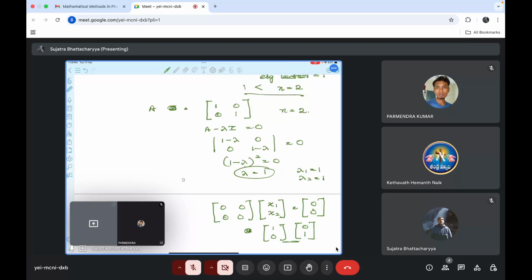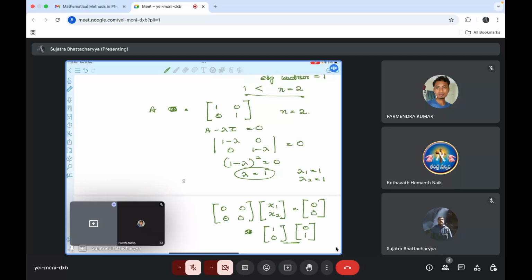Therefore, remember, whether a matrix is defective has to be decided from the eigenvectors, not from the eigenvalues only. Don't comment whenever you get lambda 1 and lambda 2 the same. Don't comment that this matrix is a defective matrix until you have checked up to this level: choose the x1 and x2, and see whether one eigenvector is dependent on another or not.